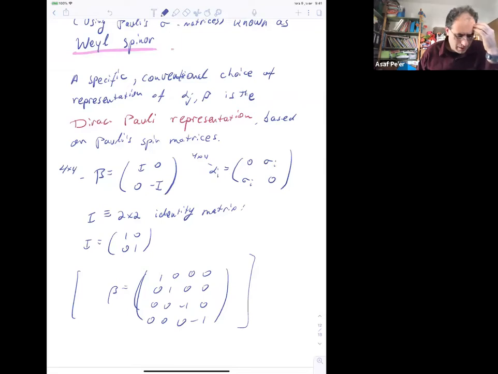I'm just writing it, not deriving it, just presenting it. Each block here is a 2x2 matrix.